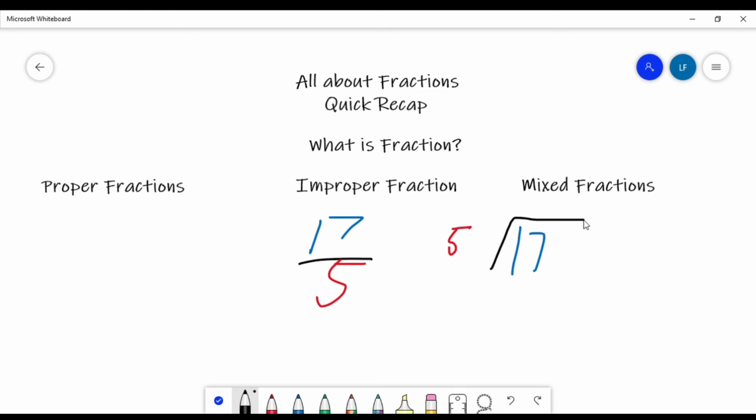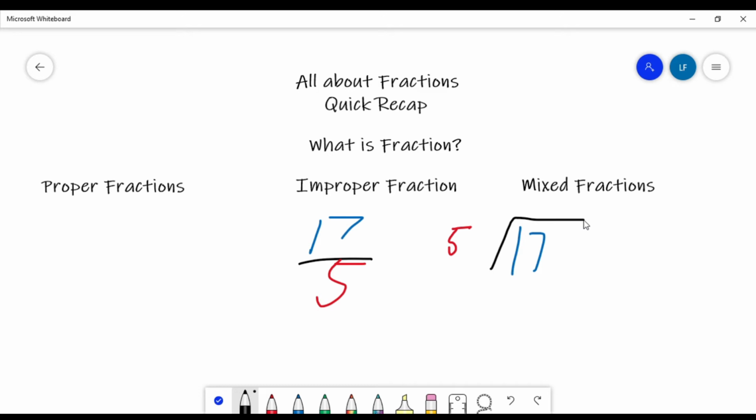So what you do is you try to find the number closest to 17 but smaller than 17, which is in the table of 5. So 5 times 1 equals 5, and 5 times 2 equals 10, right? Then 5 times 3 equals 15.